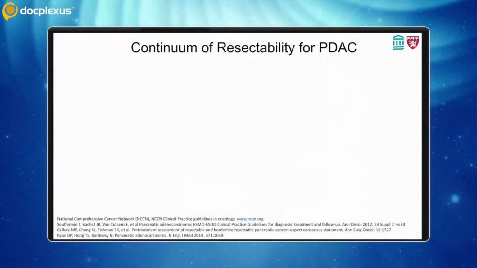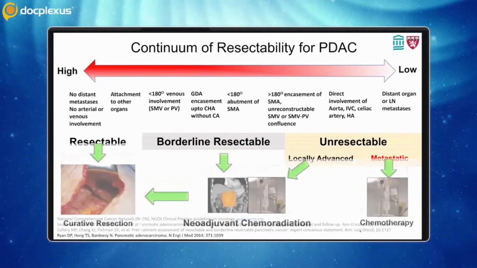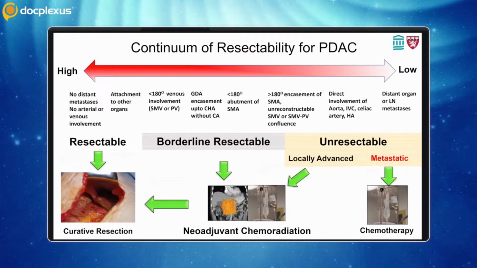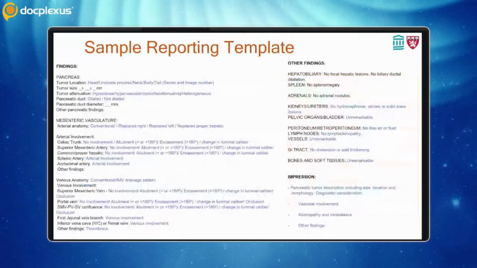Quickly, I want to go to one area where we find AI very helpful. Dr. Joshi spoke about structured reporting, which is essentially important in patients with pancreatic cancer, where we have to report the relationship of the tumor to surrounding vasculature. This is a structured template which is used in our hospital.